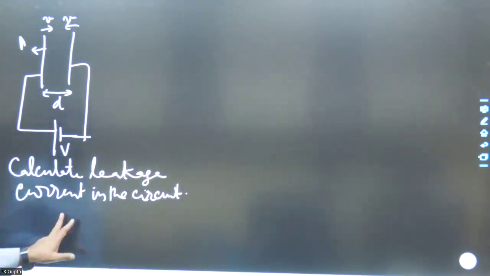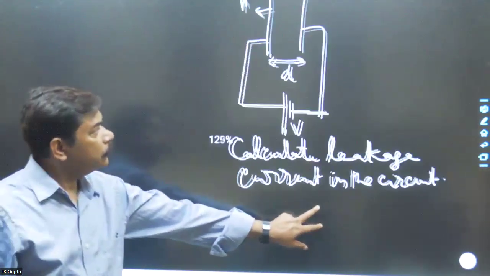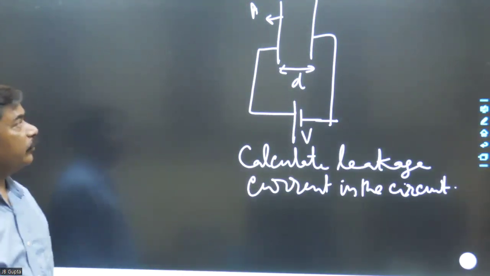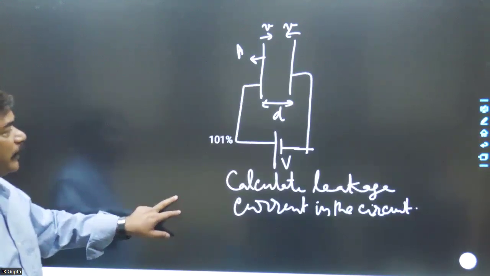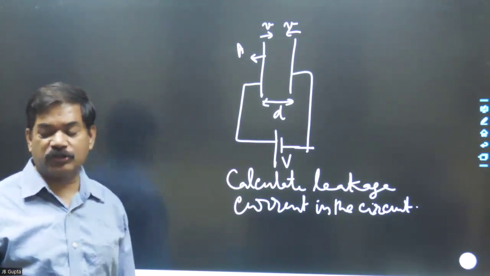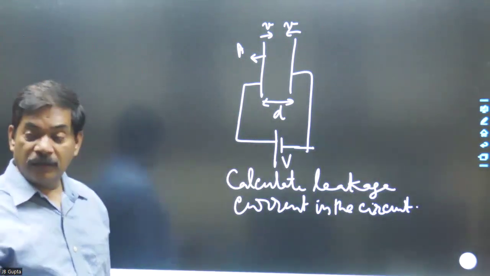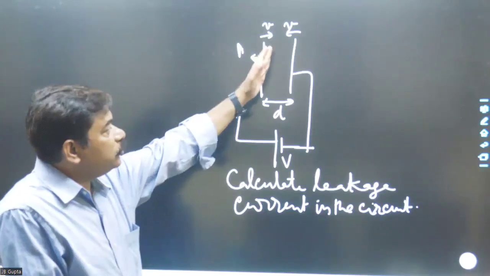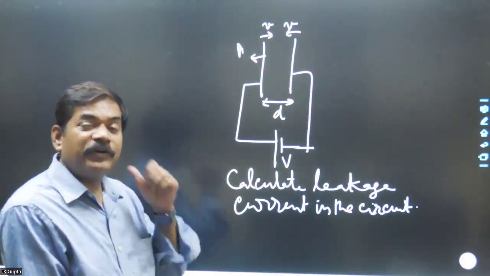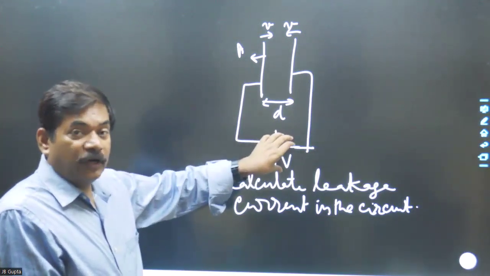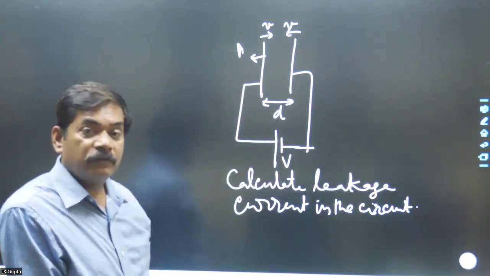So this is the example that you'll see. Here is a similar example. Both plates of the capacitor are being brought closer to each other with a velocity v. Now what will be the leakage current? Again, as the plates are brought closer, the capacity will increase, the voltage is constant, so the charge on it will increase.